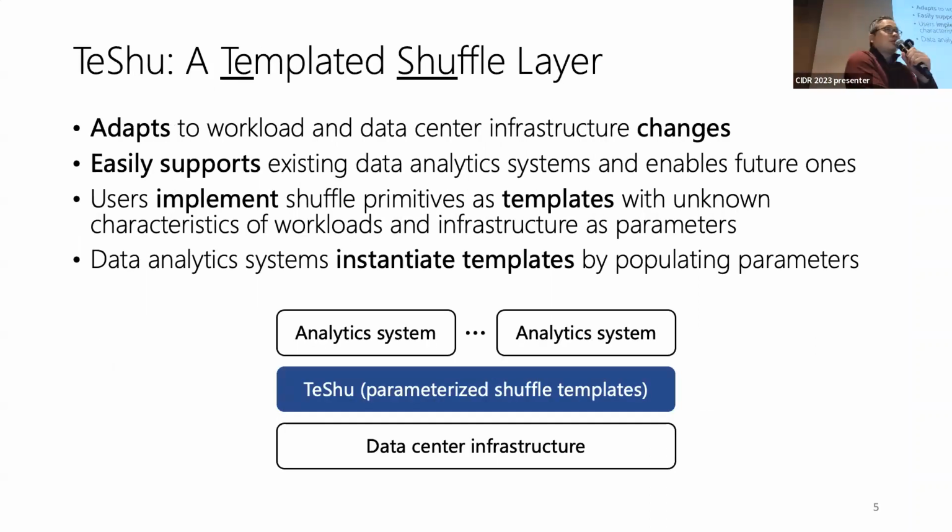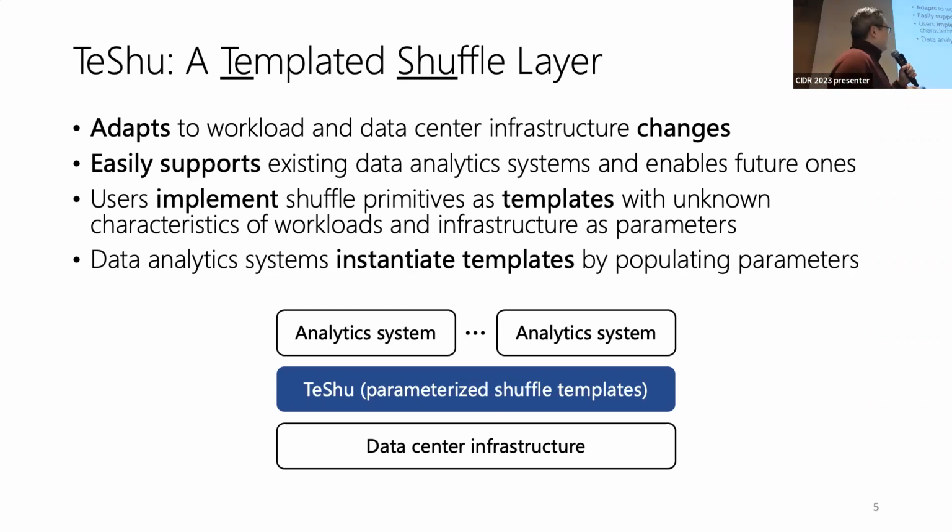So our proposal here is to come up with a general framework, which we call TeShu, which stands for templated shuffle layer. And here's our initial design and vision behind it. The idea is that TeShu should adapt to workload and data center infrastructure changes. And we want to be able to support existing data analytics systems and also make it future-proof, right? So we could enable new ones.